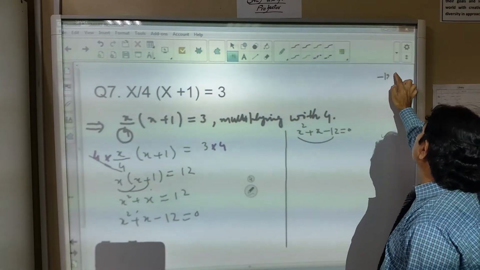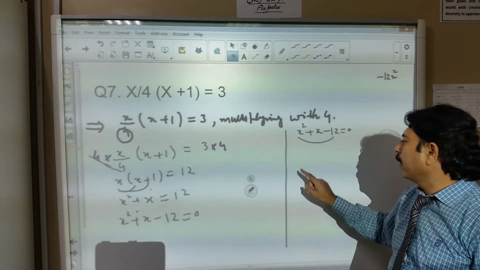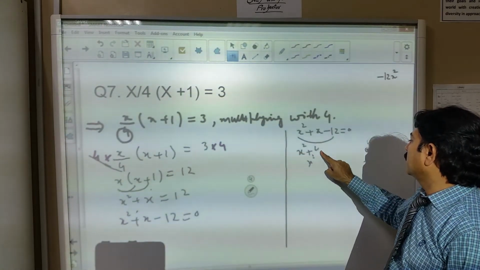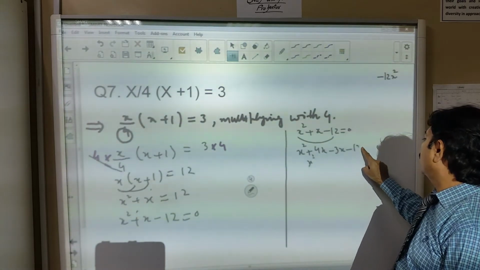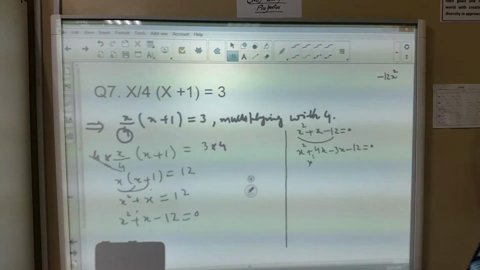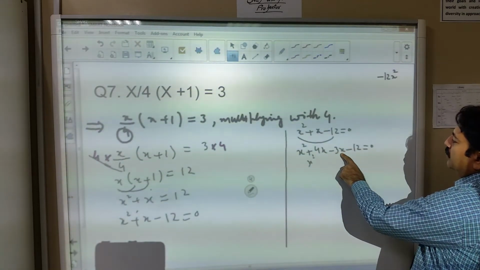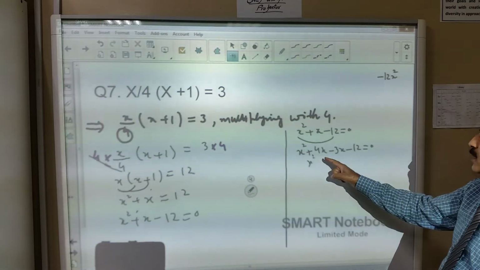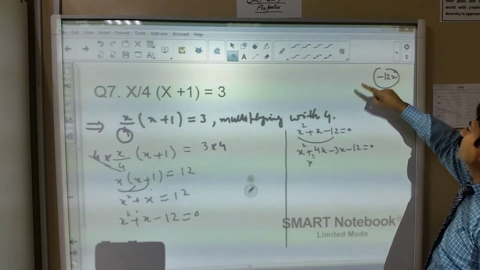Now we shall factorize it in this way: x square plus 4x minus 3x minus 12 is equal to 0. See, when we add 4x and minus 3x, the answer is 1x. And when we multiply 4x with minus 3x, the answer is minus 12x square.